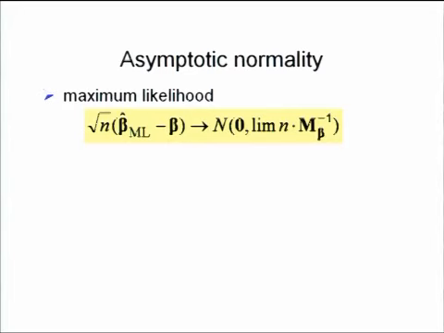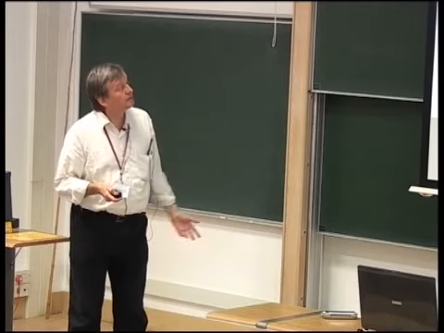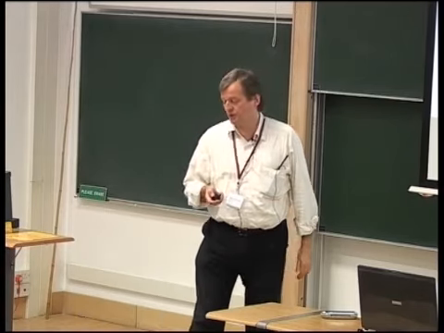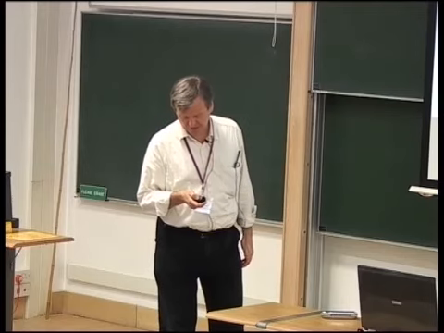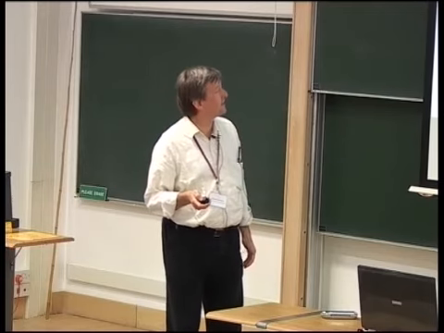Okay, just look at asymptotic normality. If you take maximum likelihood, then you will find out that everything is okay with this information matrix. The maximum likelihood will be asymptotically normal with asymptotic variance covariance matrix proportional to this information matrix with additional terms coming from the heteroscedasticity.